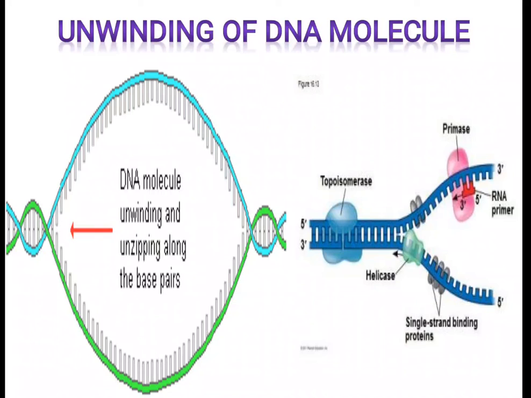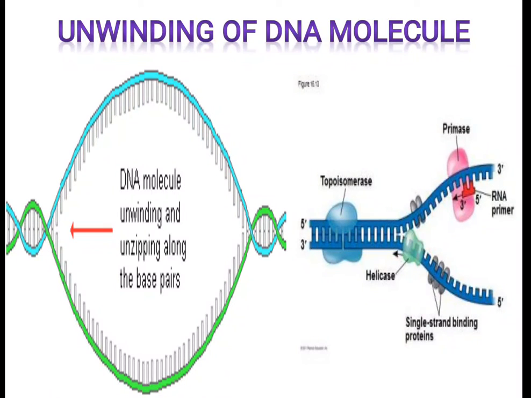That initiation point is specified, and is then called the origin of replication. As I told you, in prokaryotes there occurs only one origin of replication, and in eukaryotes there could be many origins of replication. At the place of origin, the enzyme responsible for unzipping acts.